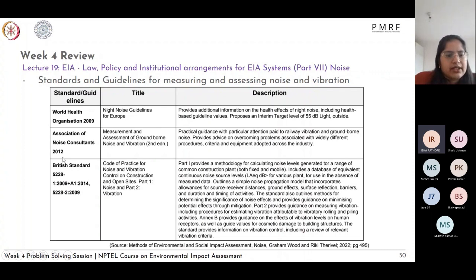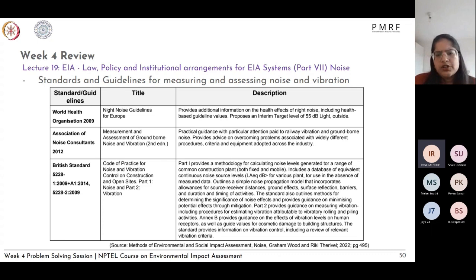And then we have the British standard, which is again a code of practice for noise and vibration control on construction and open sites. So this is basically because construction activities tend to generate a lot of noise, specifically if you have a larger project. So you need to maintain your noise levels.